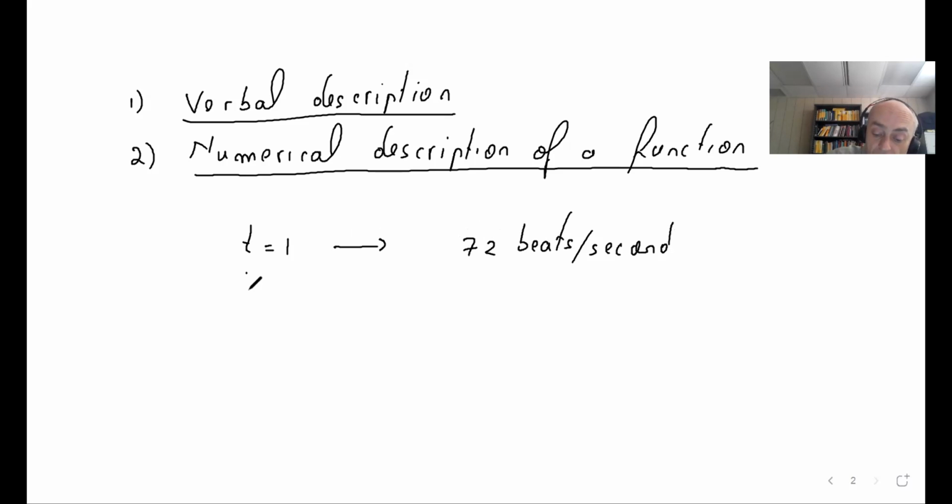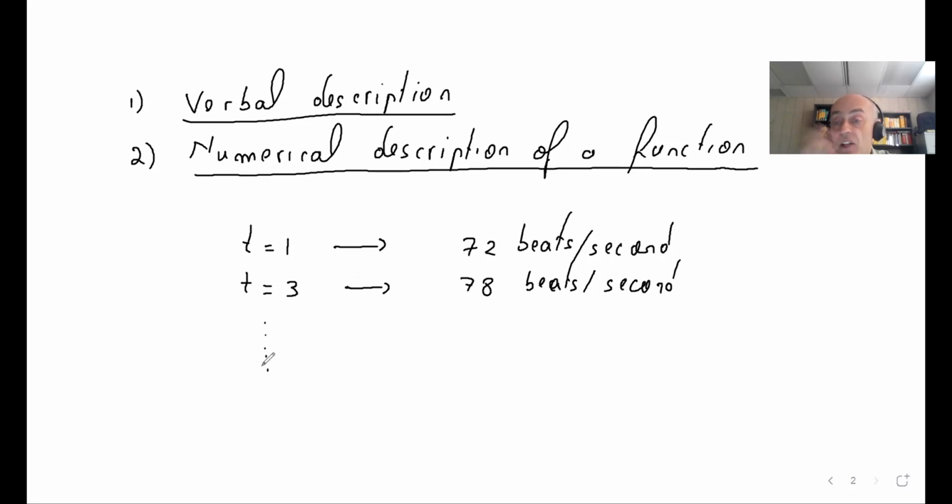And then I measure after 3 seconds, and I notice that the heartbeat is 78 beats per second. And so on. So that basically describes a bunch of measurements at various times, or the blood pressure, or whatever. So that describes a function.